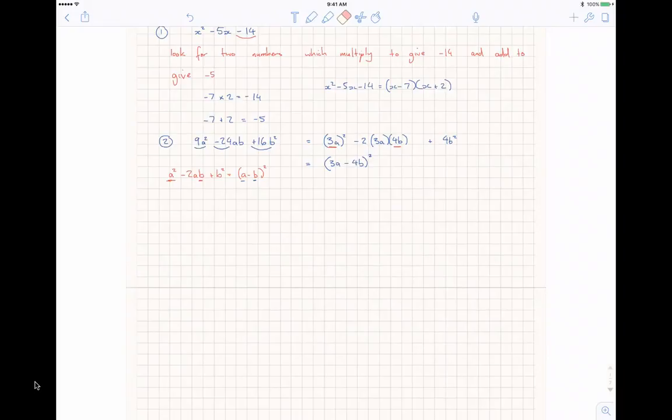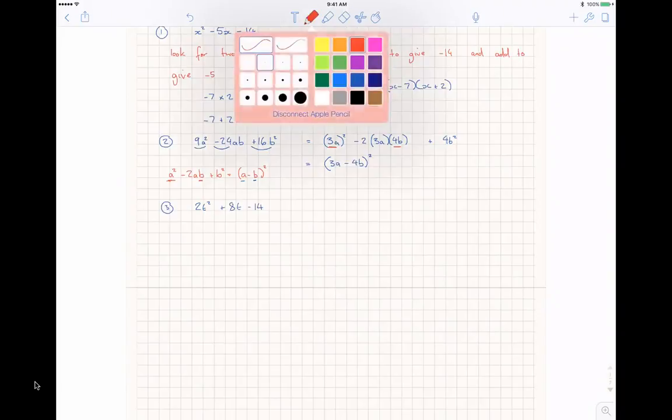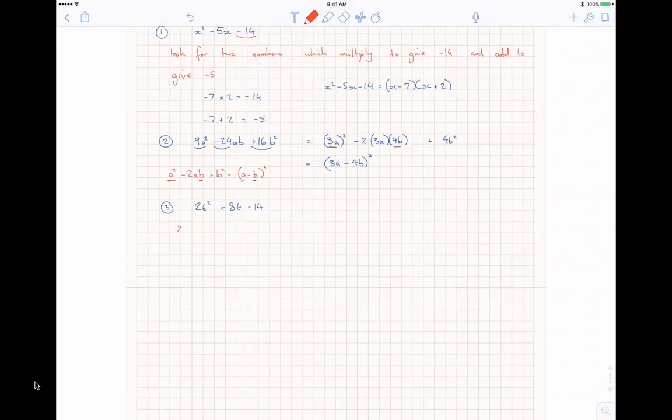Okay, so we'll do an example where we should probably use completing the square. First things first, we should note that there's a common factor here, common factor of 2, so we're going to take that out the front.